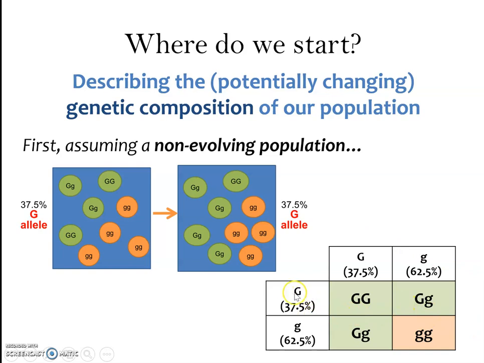So if we have 37.5% big G's, we think 37.5% of the time when we reach into our bag of alleles, we're going to get a big G, and 62.5% of the time we're going to get a little g. Okay, and the same thing when we reach in the second time. And what we know is that since we're doing two things and we're doing them both together, we're using our multiplication rule, so the likelihood that we reach in and get a big G and reach in and get a second big G is 14%. That we get a little g and a little g again, 39%.